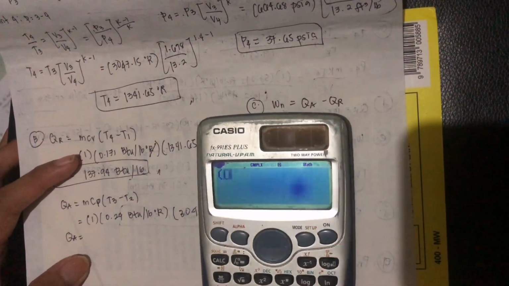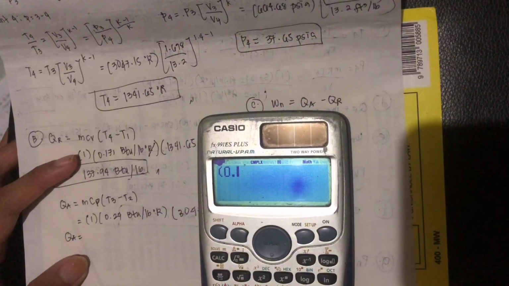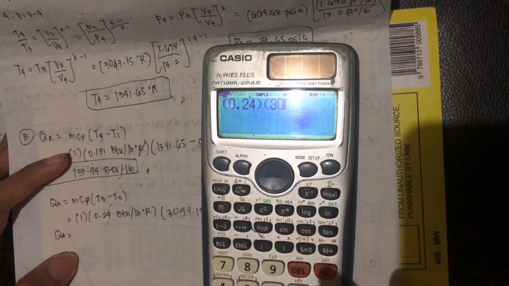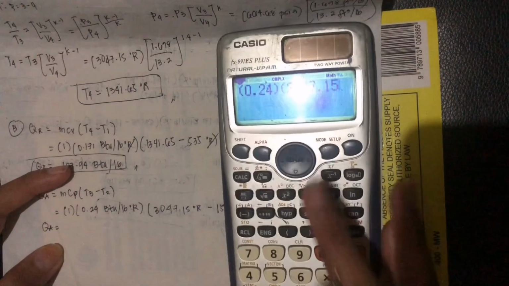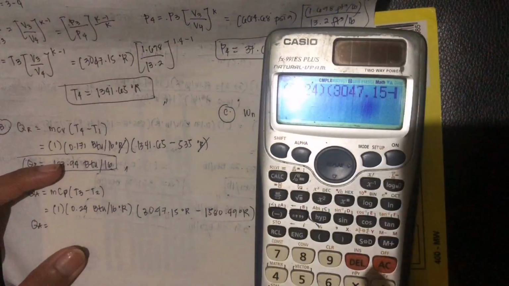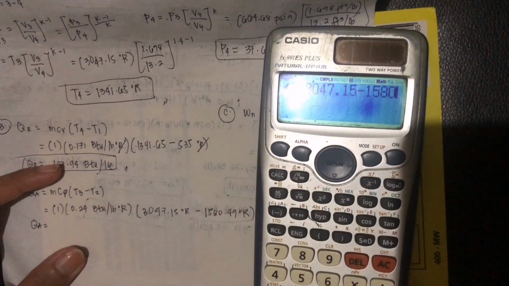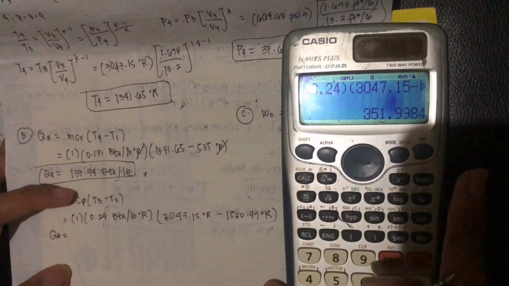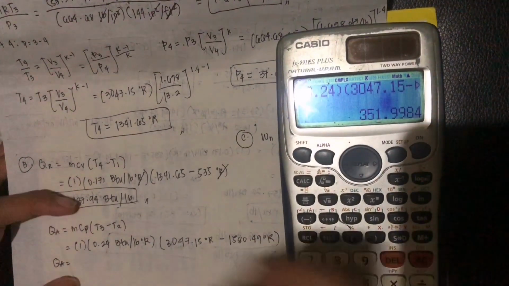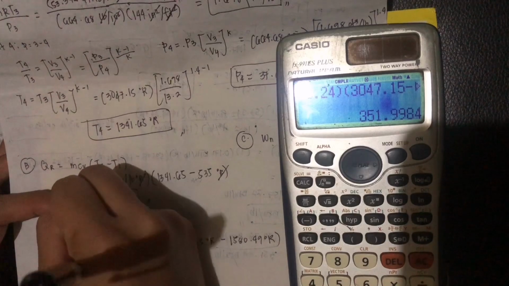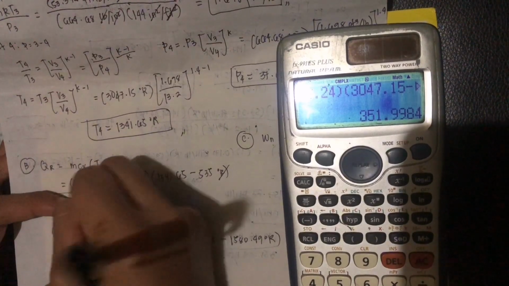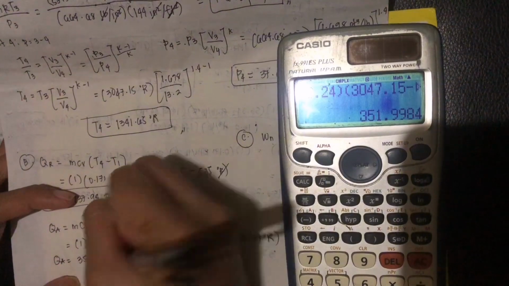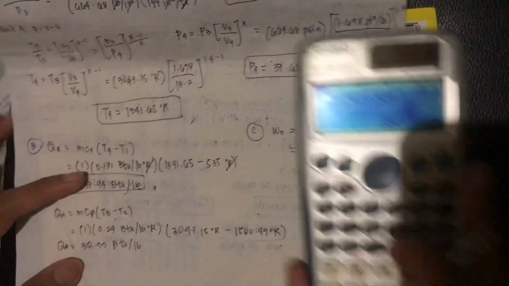So for QA, let's calculate: 0.24 times 3047.15 minus 1580.49. So we have 351.99 BTU per pound.